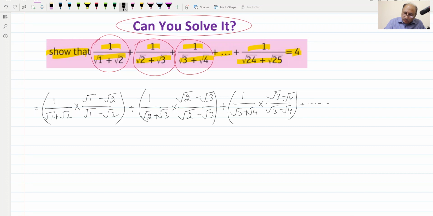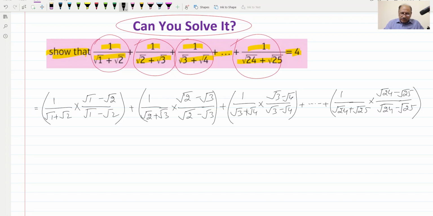The same process we will repeat up to the final term, and we can write its rationalization as under root 24 plus under root 25, multiplied by the opposite sign, which is under root 24 minus under root 25 over under root 24 minus under root 25. So this is the rationalization step which we have done.